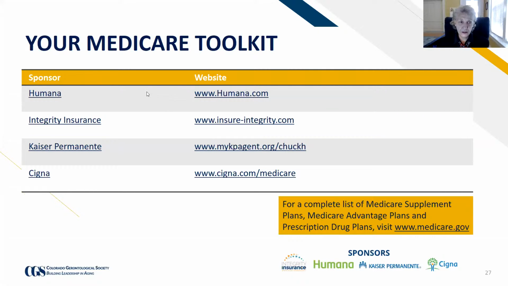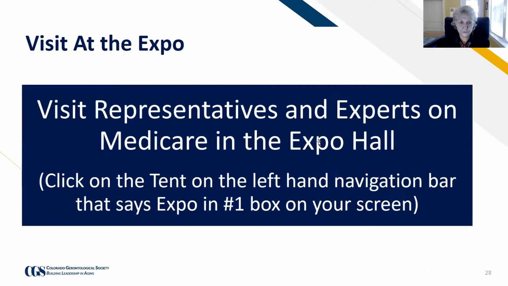We also have our sponsors with us today, or you can visit their websites: Humana, Integrity, Kaiser, and Cigna. If you want more information on a complete list of the Medicare supplements, Medicare Advantage plans, or prescription drug plans offering coverage in Colorado in 2021, you can go to medicare.gov.